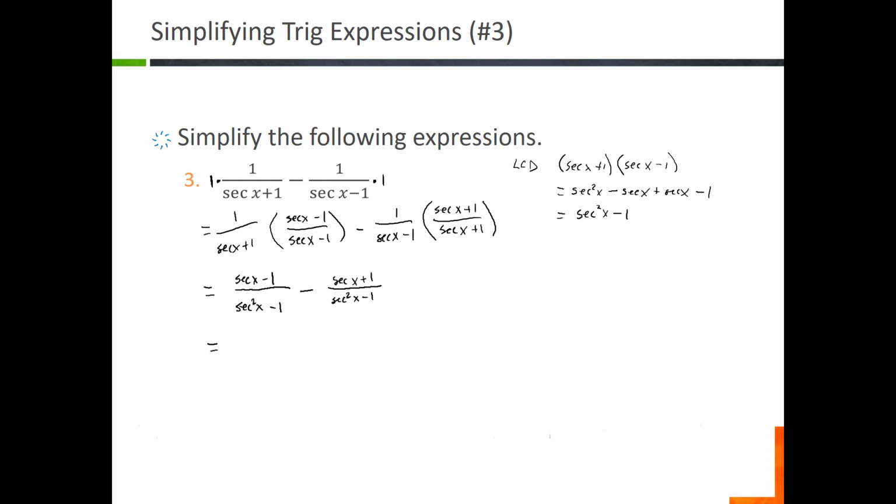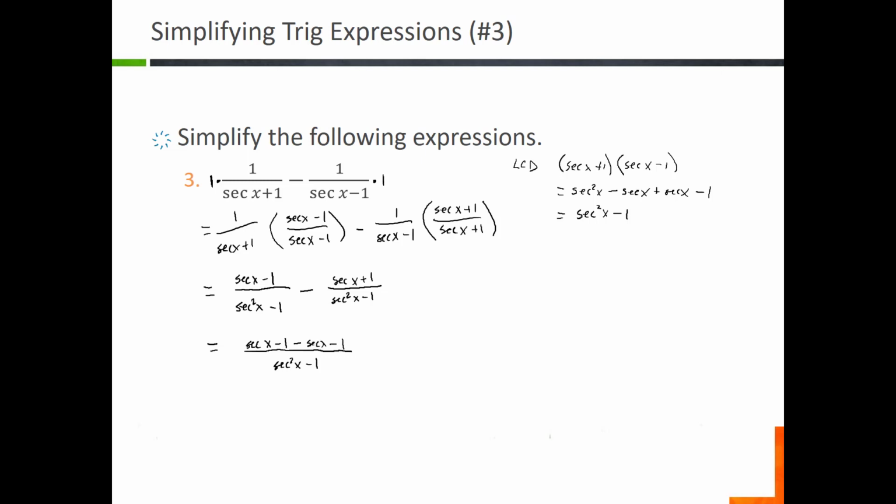So with a single denominator now, we're going to have secant squared x minus 1. And in the numerator, we are going to have a secant x minus 1, and then minus the rest of it, the second numerator. So we're going to have minus a secant x and minus a 1.